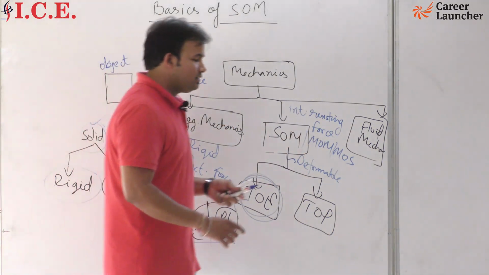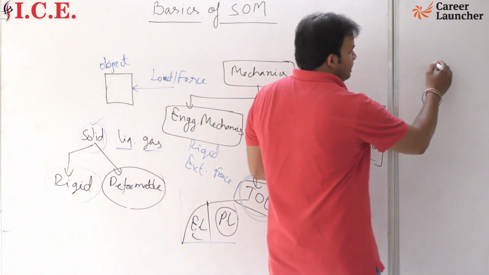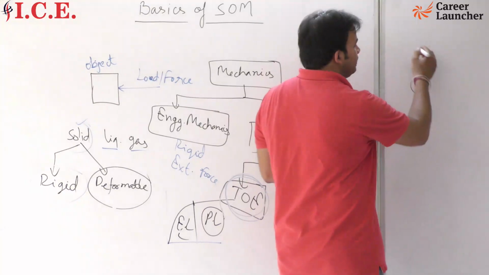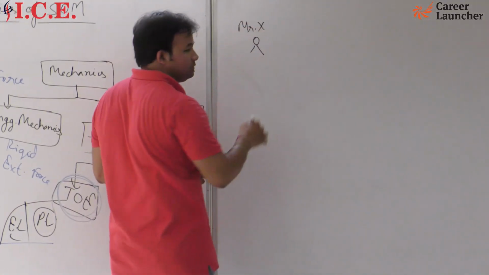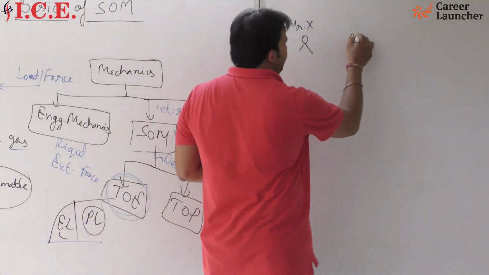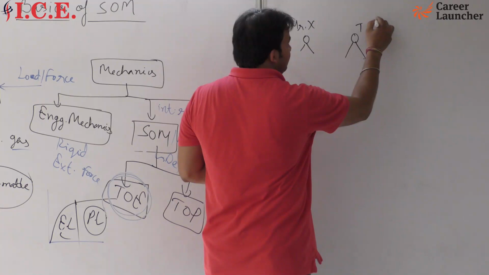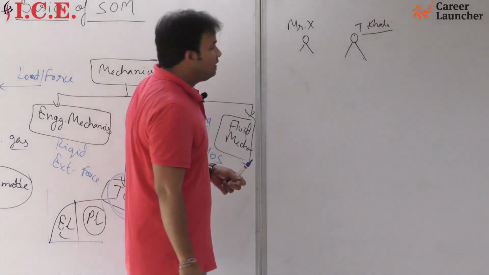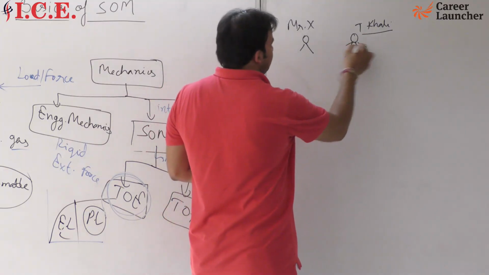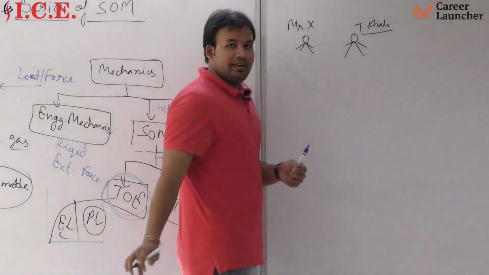So suppose you have two persons. The first one is Mr. X, okay, and the second one is the great Khali. You must all know him, okay?